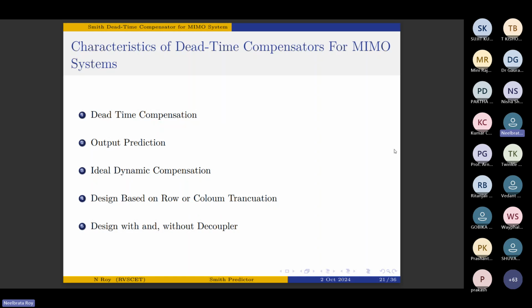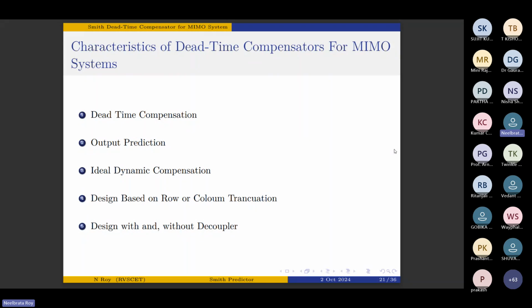By coupling, I mean that suppose a plant has two inputs and two outputs, and the second output is also affected by the first input, this is known as coupling.